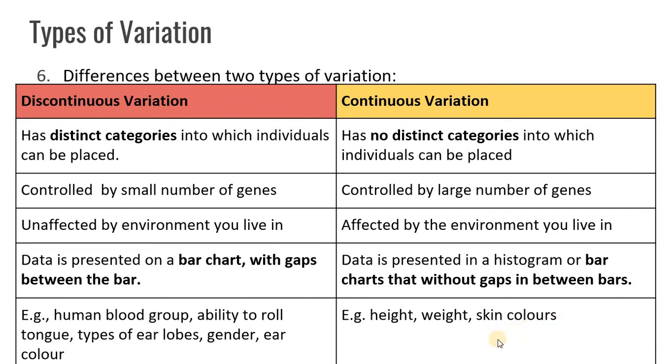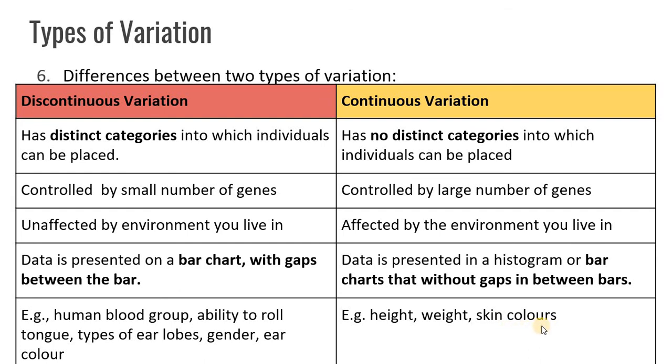You need to ask yourself why skin color would be considered a continuous variation. Continuous variation, as I've mentioned, is affected by the environment that you live in. In colder countries, people tend to have fairer skin. In warmer countries, due to longer exposure to the sun, you tend to have darker skin.